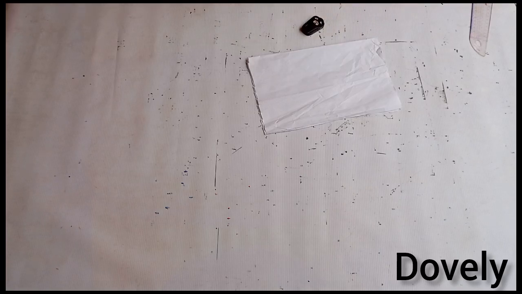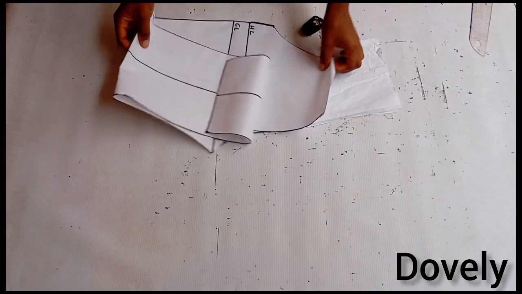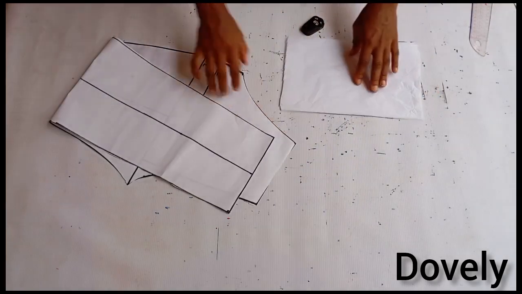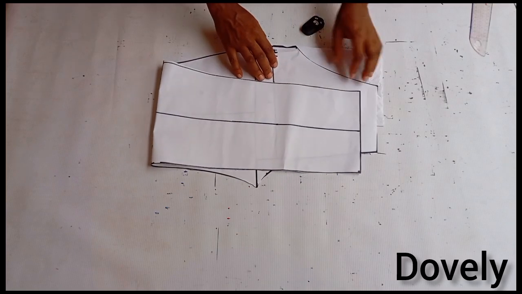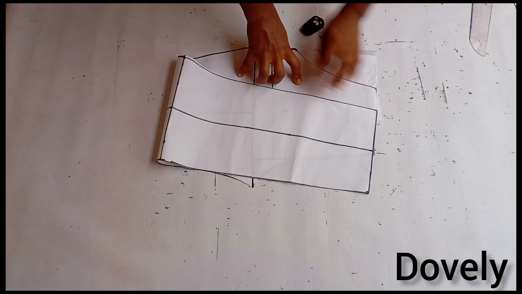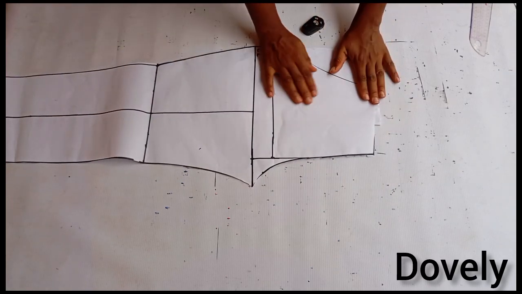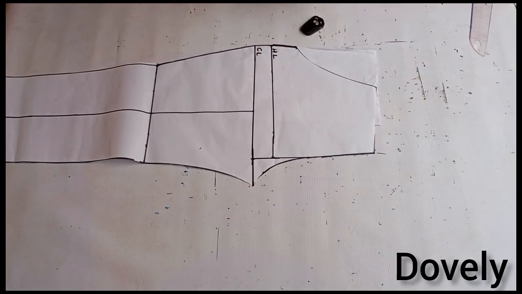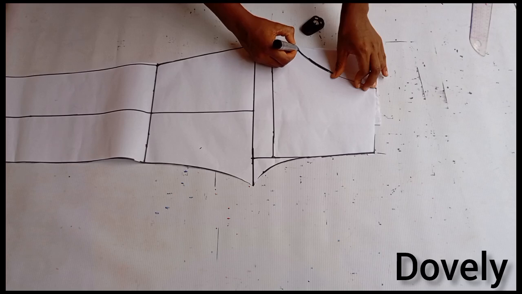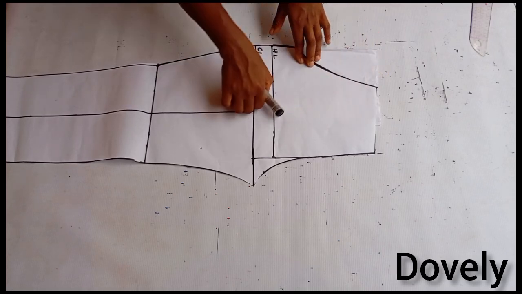So I'm going to get my front pattern and trace it out. So on this first panel, I'm going to trace out whatever I have here, then cut it out.